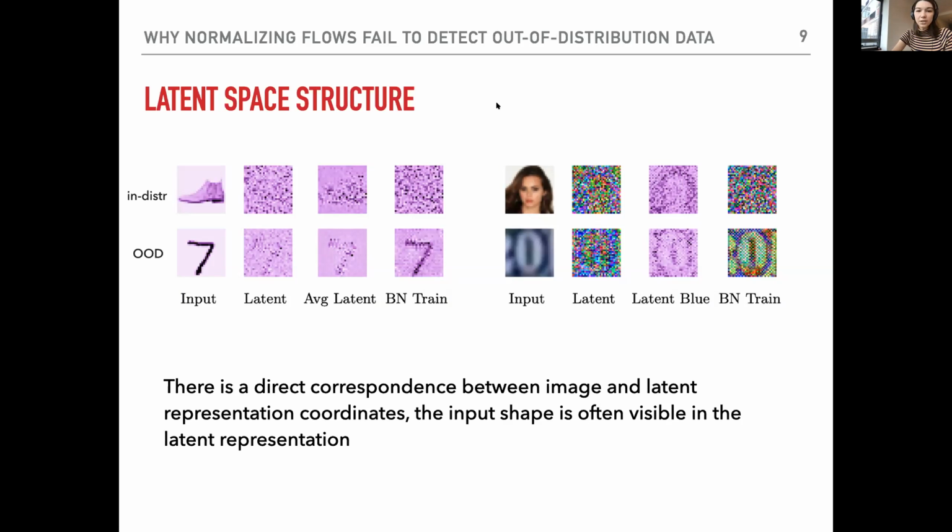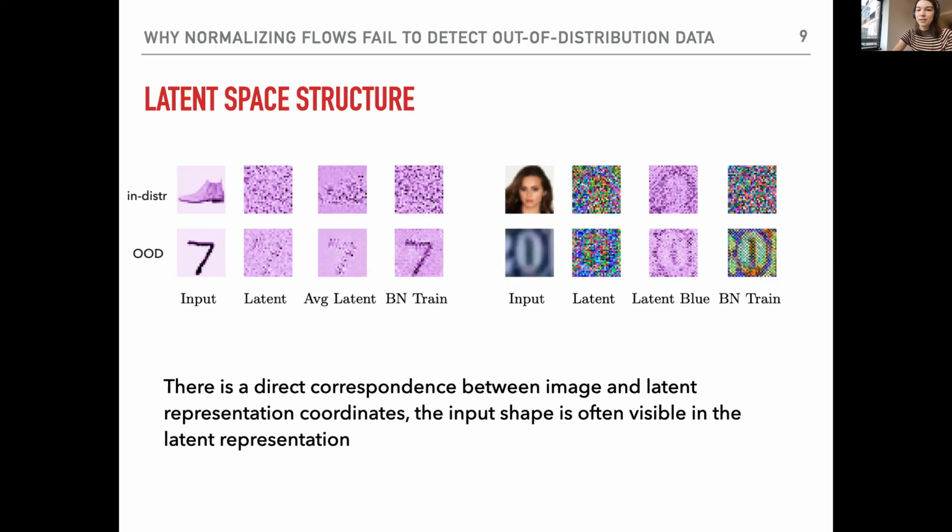So in these two figures, we show in-distribution and OOD images and their corresponding latent vectors for two models. This was a RealNVP trained on Fashion MNIST, and MNIST is OOD data. And this flow is trained on CelebA, and SVHN is OOD data. And so we can recognize the inputs in their latent representation.